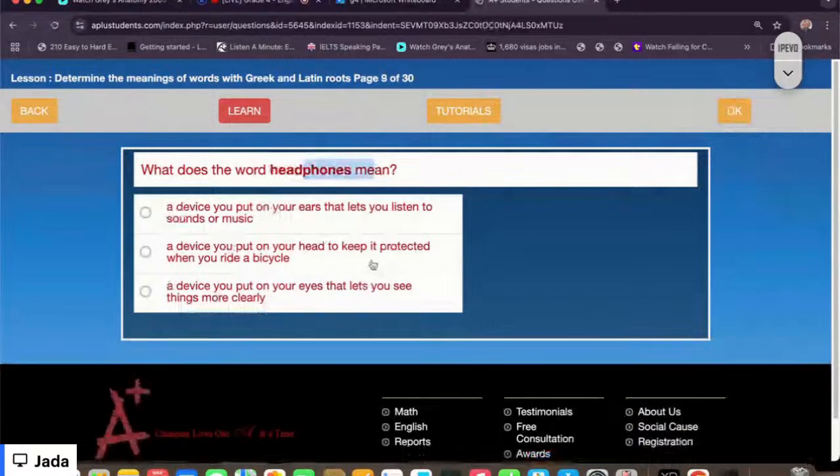Headphones: a device that you put on your ears that lets you listen to sounds or music, a device you put on your head to keep it protected when you ride a bicycle, a device you put on your eyes that lets you see things more clearly.